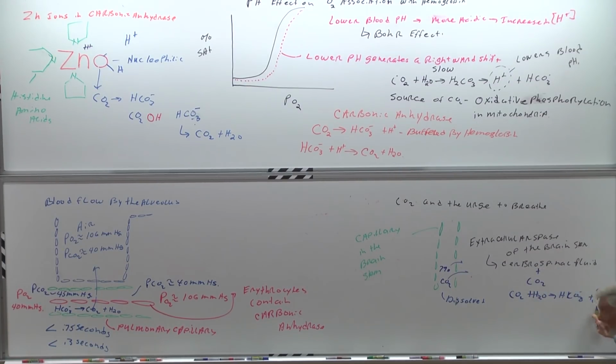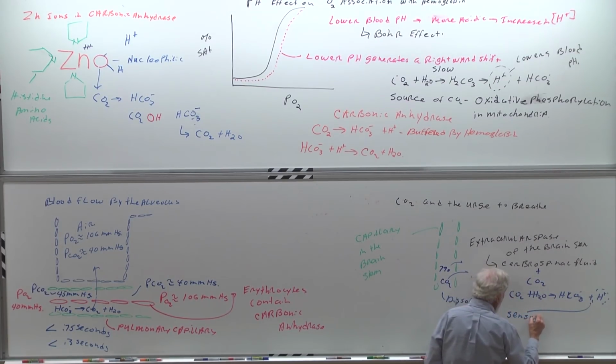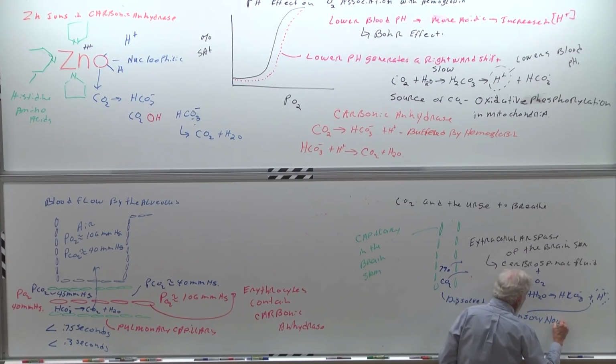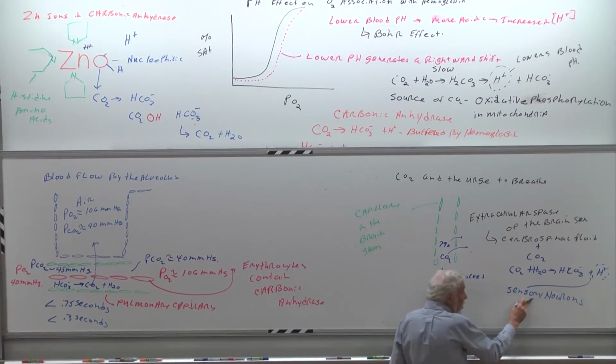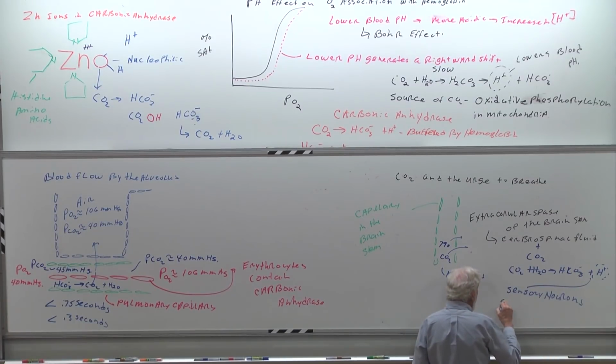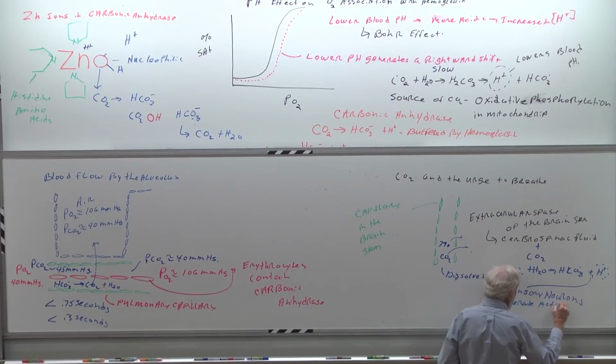It's this hydrogen ion now that becomes the most important player. The hydrogen ion in the brainstem will bind to sensory neurons. The hydrogen ion tells these sensory neurons to generate action potentials.